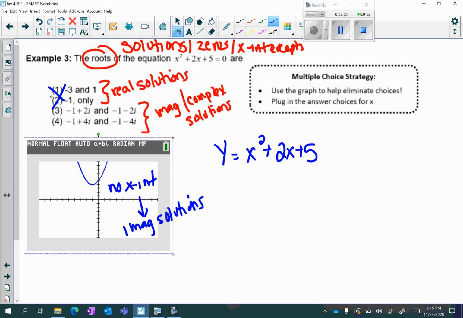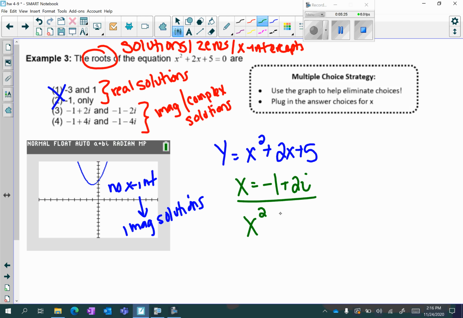I don't know which it is. I could identify a, b, and c and solve using the quadratic formula, but because it's multiple choice, I can use a multiple choice strategy by plugging in my answers for x. So I'm going to start with choice 3. x equals negative 1 plus 2i. You could use negative 1 minus 2i, it doesn't matter, but if one of them works, the other one does.